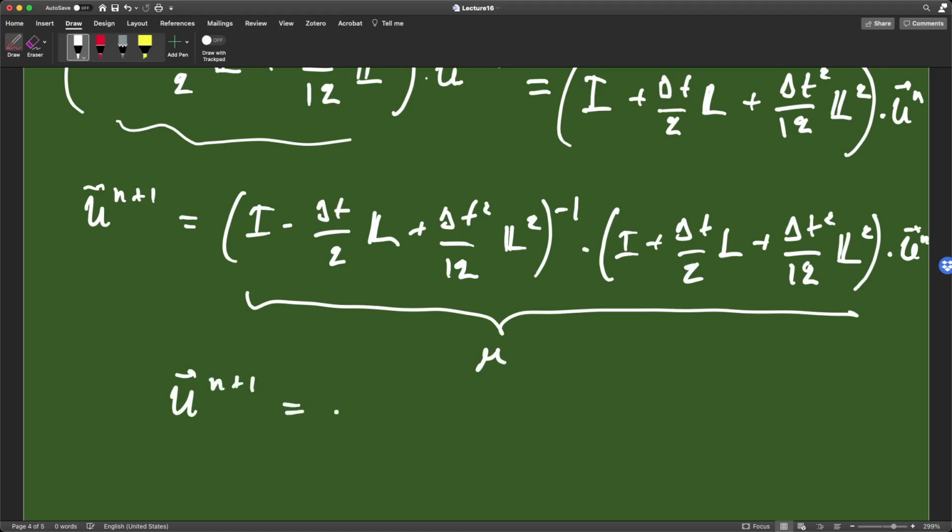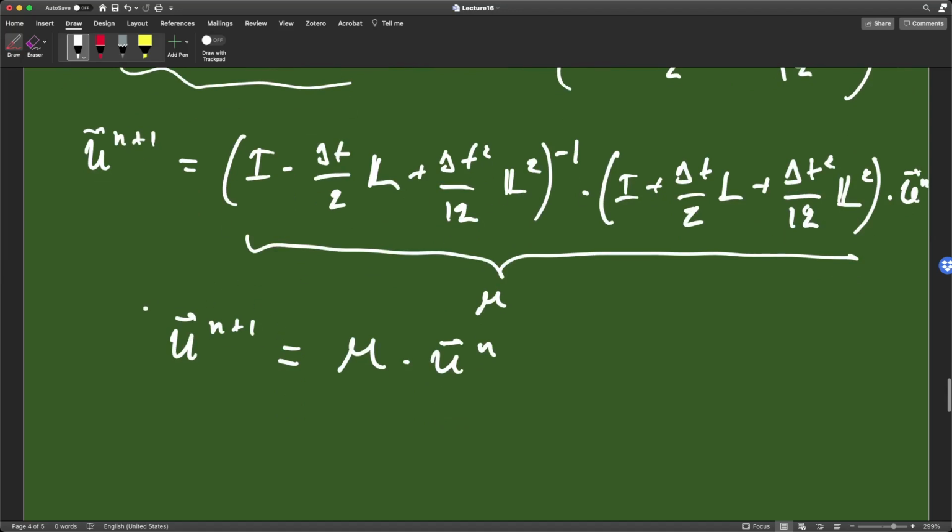So it becomes extremely easy to evolve a system like that. So M dotted onto u n. All you have to do is compute the derivative matrices, then use those to compute L, use those to compute this matrix M. This inverse can be computed with an inverse command in Mathematica, and then inside a Do loop, we'll simply do a matrix multiplication.